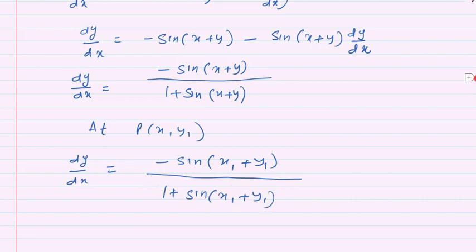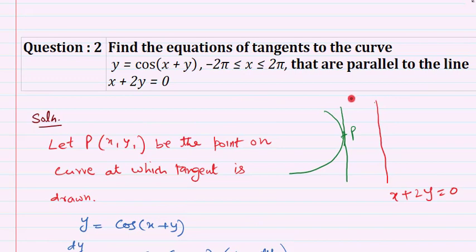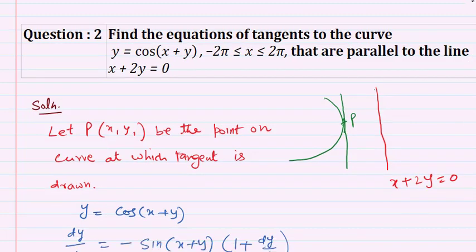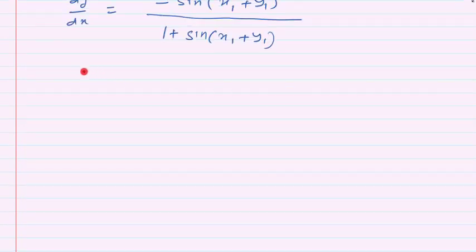Now the slope of the tangent at point P is parallel to the line x plus 2y. So let us calculate the slope of the line now.